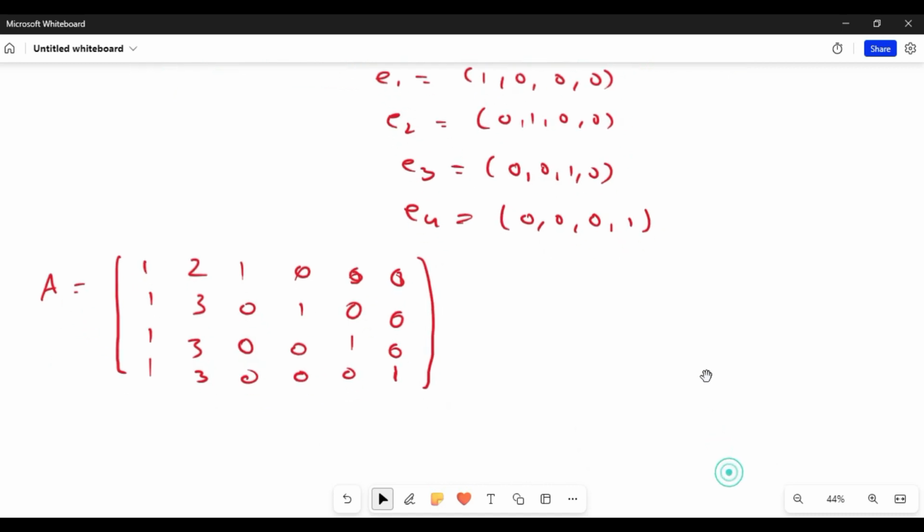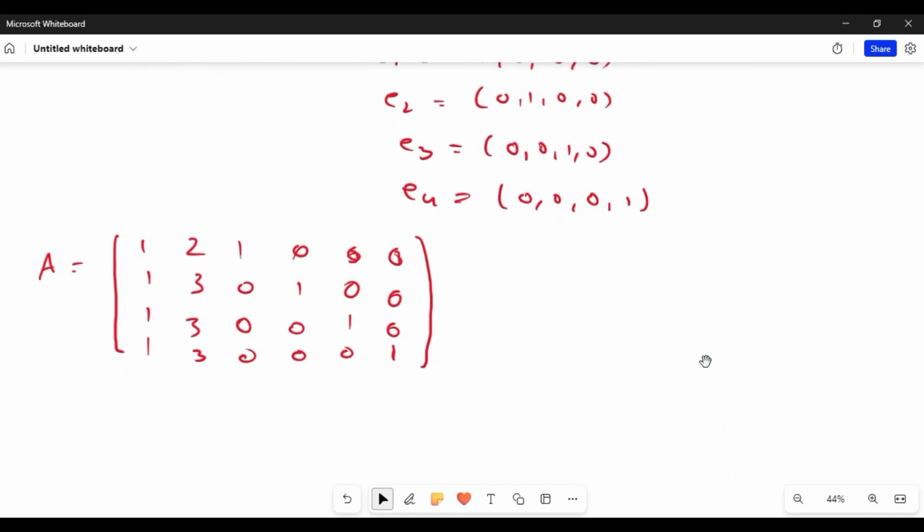Now we are going to reduce the matrix into row echelon form using elementary row operations. This leading element is 1. Convert the other elements into zeros by choosing appropriate formulas. Formula for R2 is R2 minus R1.